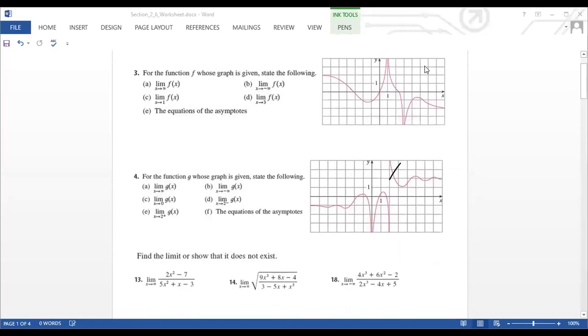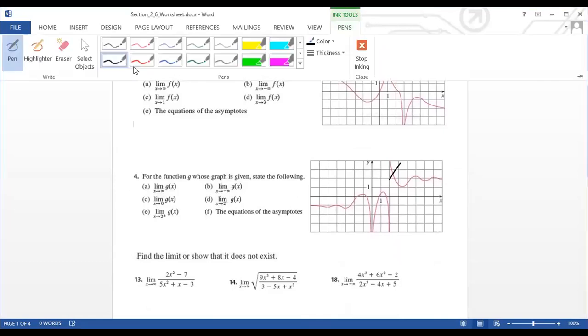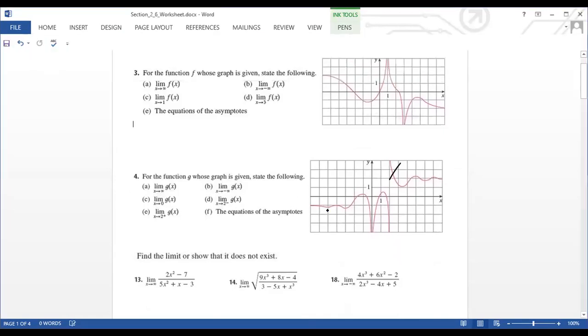For the problems here, when they give you the graph, it's pretty easy. Find the function whose graph is given below. First one, x approaches infinity.